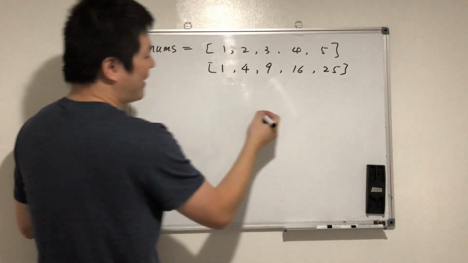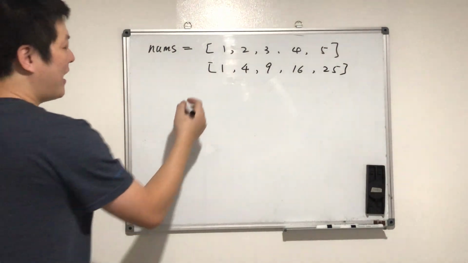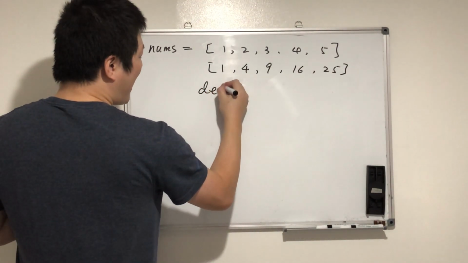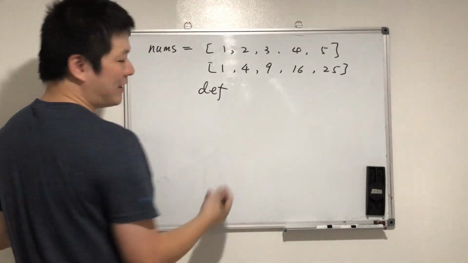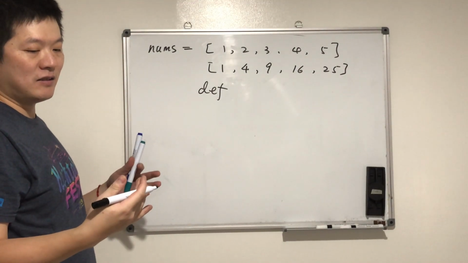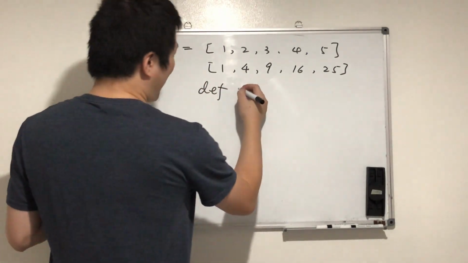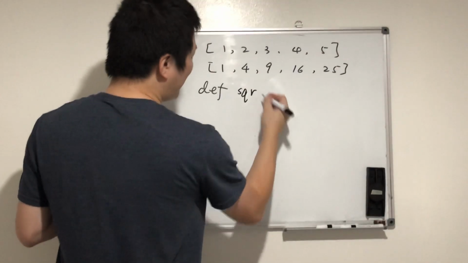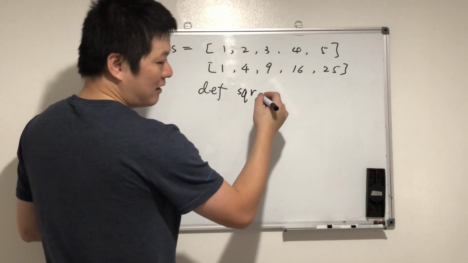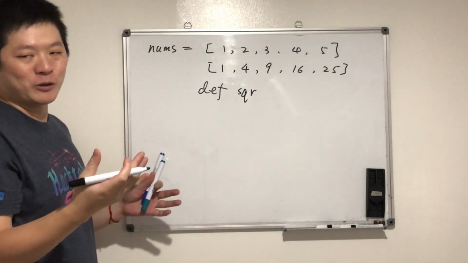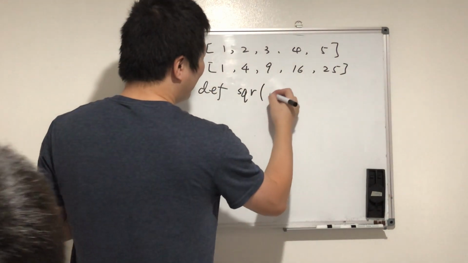Okay, this is the task. So let's define at the beginning, square. Not square root, just square the numbers.